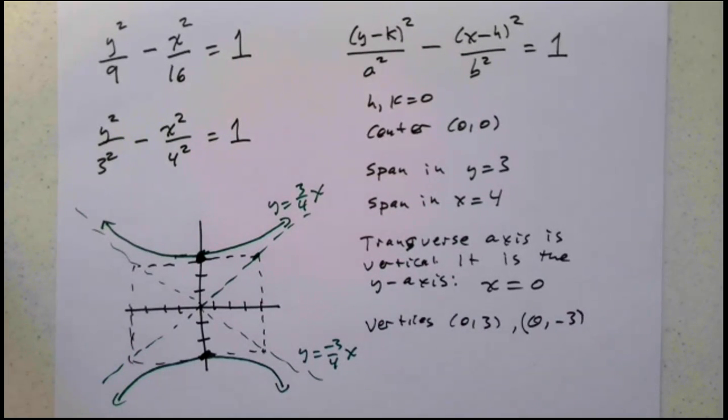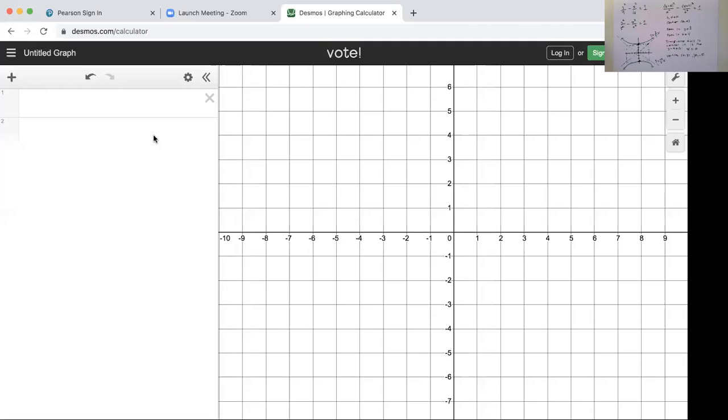Let me go ahead and do a similar thing on Desmos. So I'll pull that up, and then we'll see what we have here. Again, our center is (0, 0). We see that we have two vertices, one at (0, 3) and one at (0, negative 3). We drew that little box.